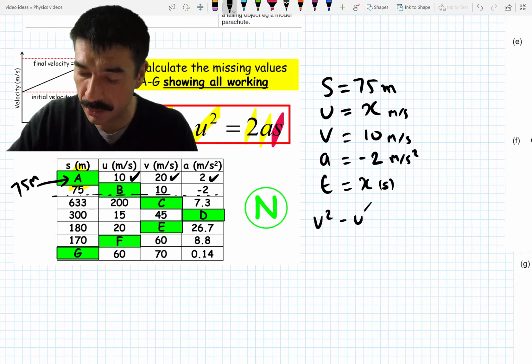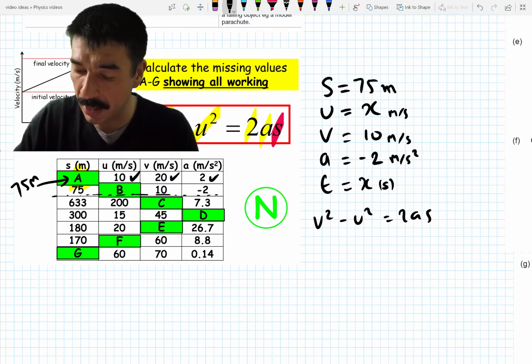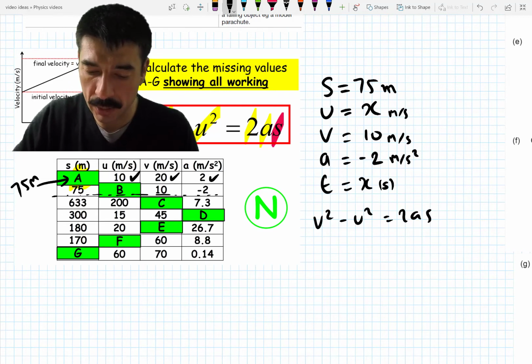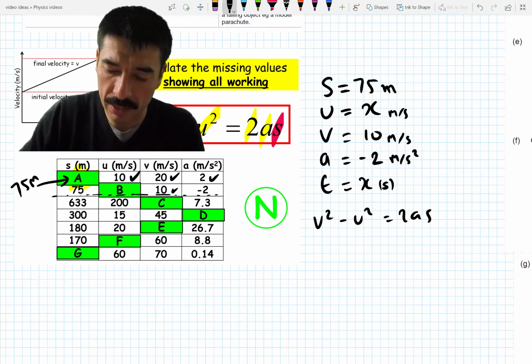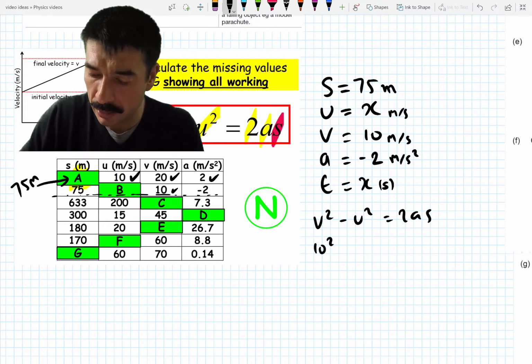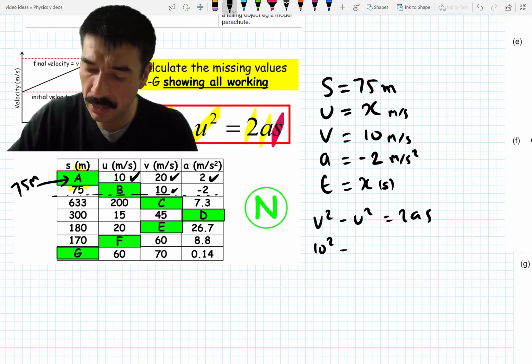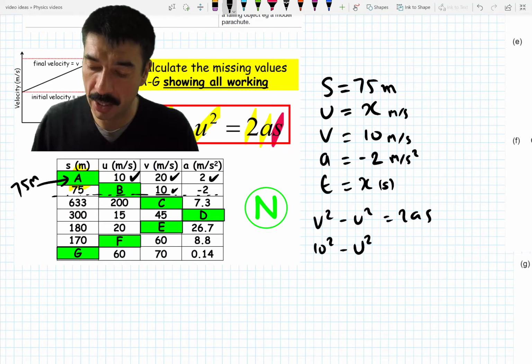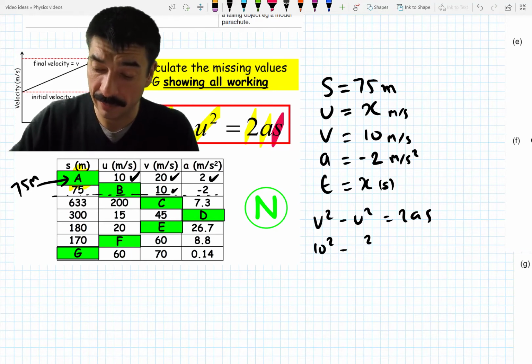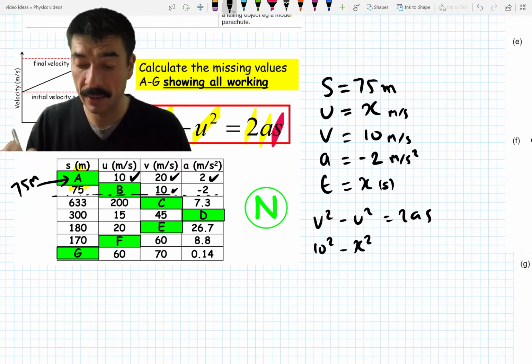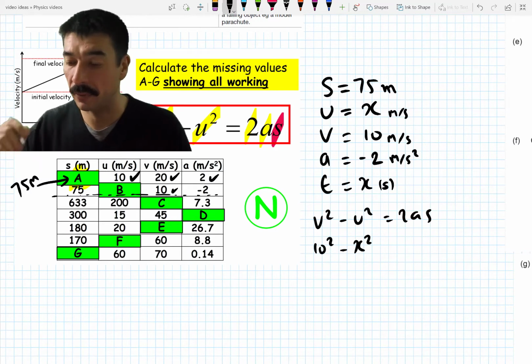v squared minus u squared equals 2as. So the final velocity here is 10, so 10 squared minus initial velocity, which is u squared, which actually I don't know. So again, if this is how you're more comfortable thinking about it, that's the x, that's the thing that you're solving for, right?